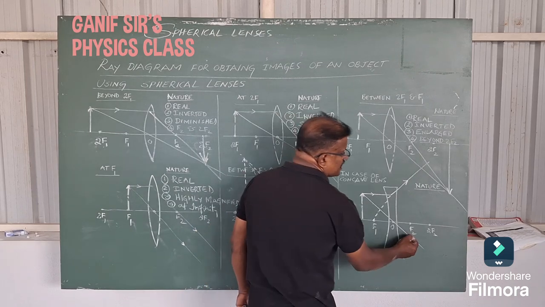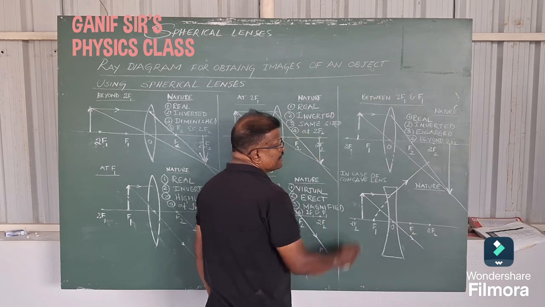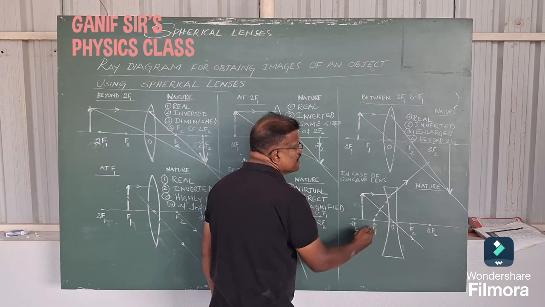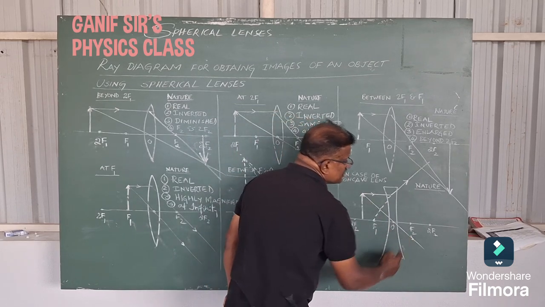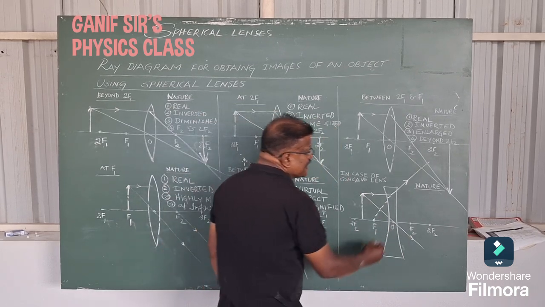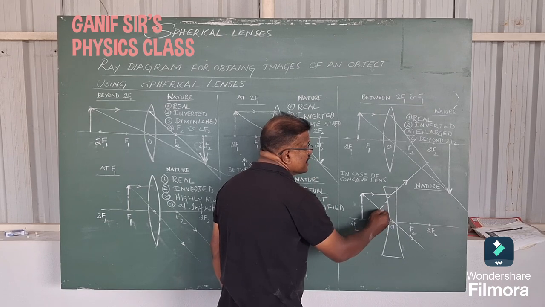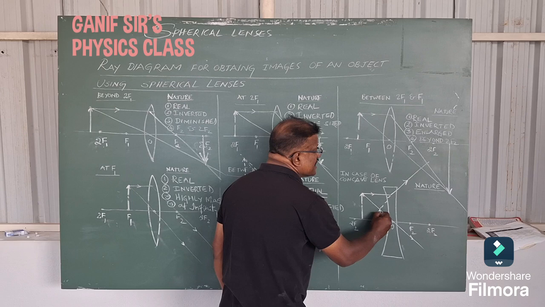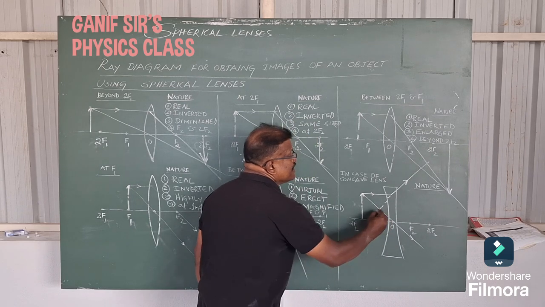And another thing is, I am passing a second ray through O. What happens? It moves undeviated. And here, see what is happening. One is the real ray, and another is the virtual ray. It appears to intersect somewhere here.